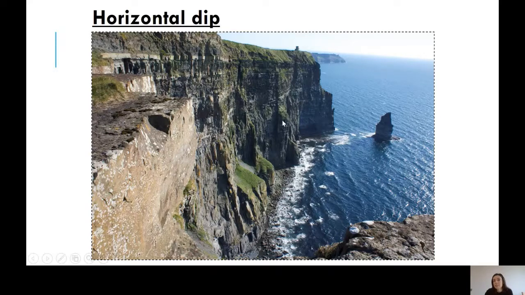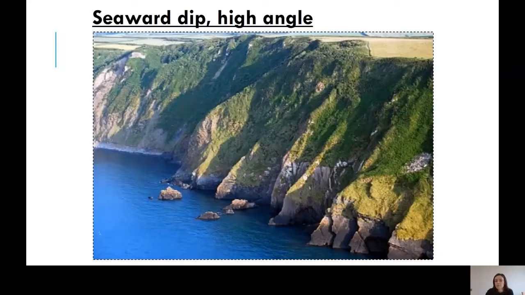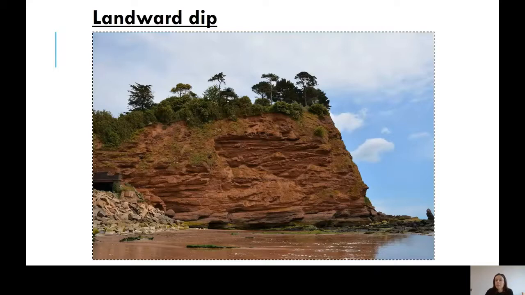The top of it gets unstable and crumples into the sea as big boulders. Here we have a seaward dip at a high angle. This is the most resistant cliff to landslides and mass movement because it's facing away from the sea, so gravity is pulling it back.